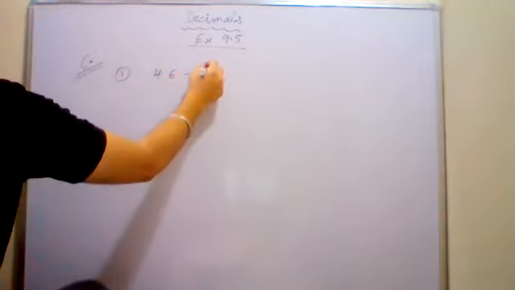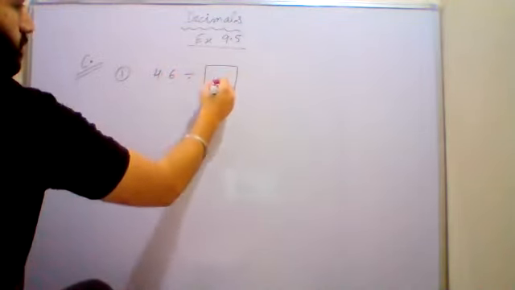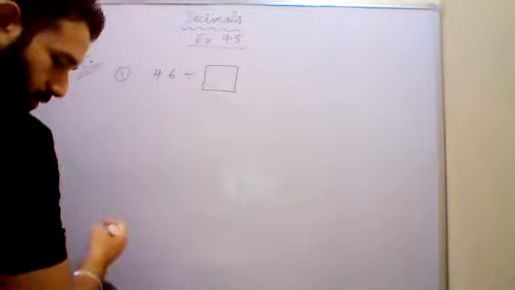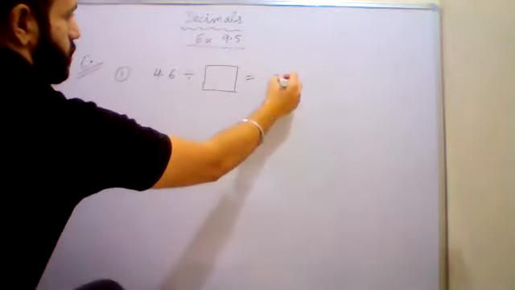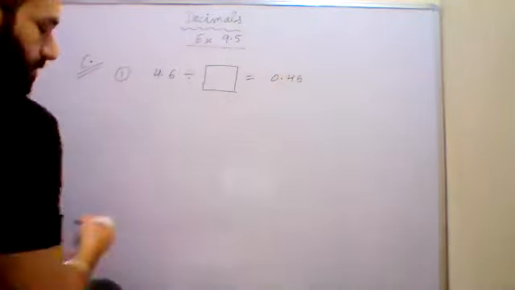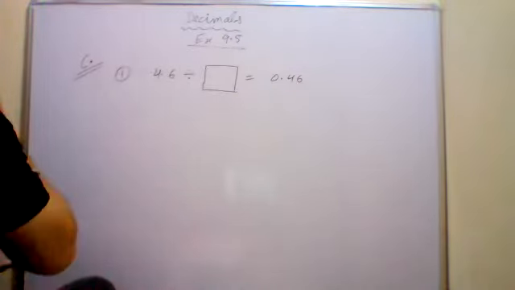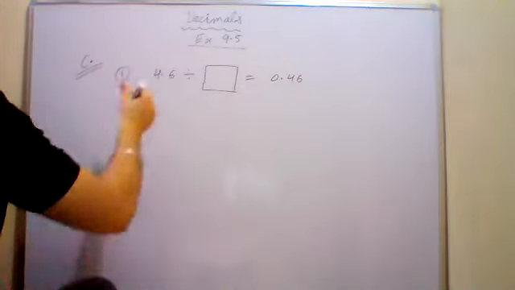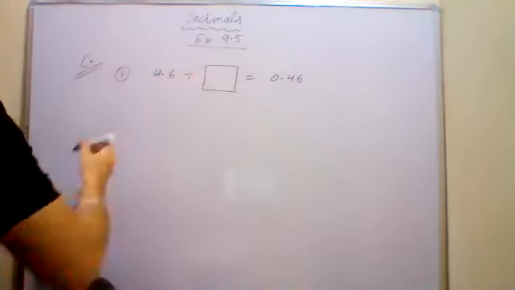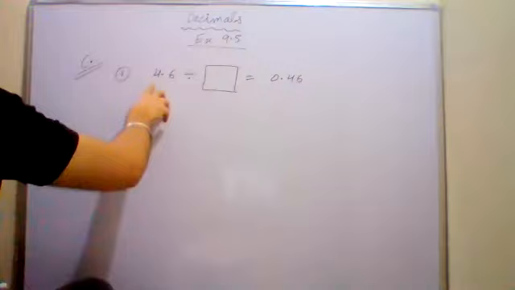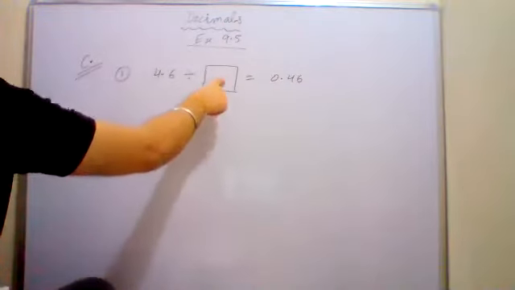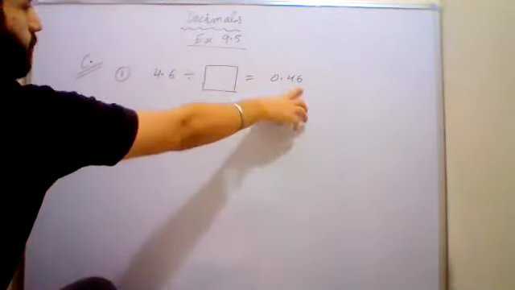4.6 divided by what is equal to 0.46? Very similar type of question. The only thing is that we are dividing in this case. So 4.6 divided by what number will give you 0.46?